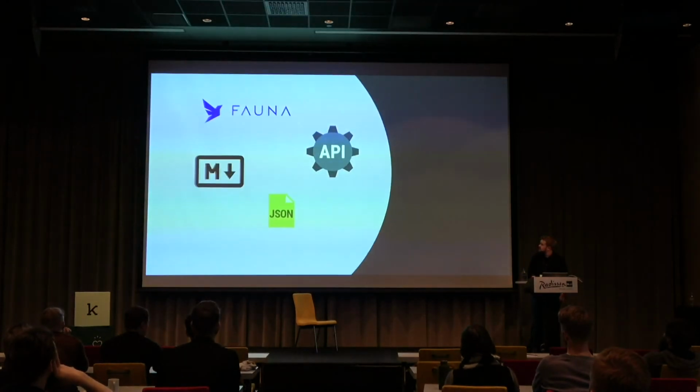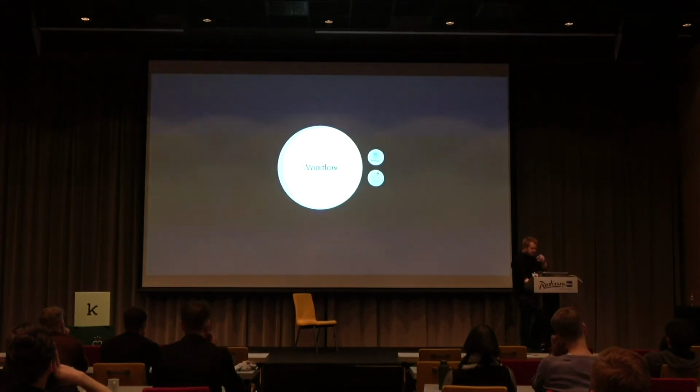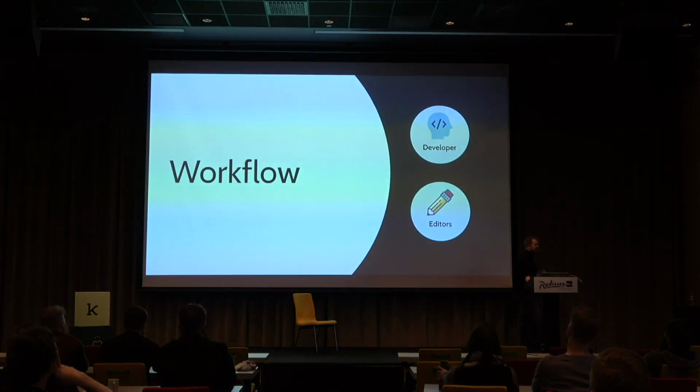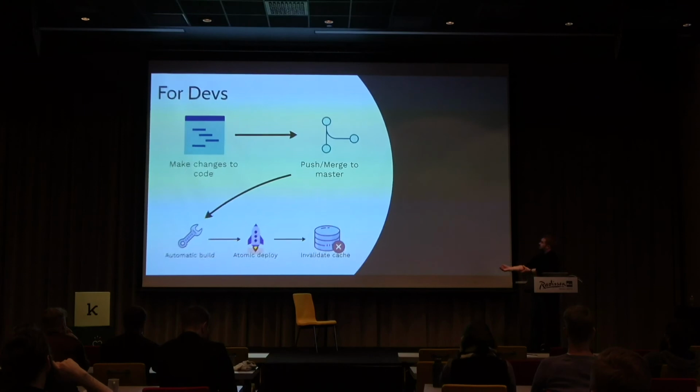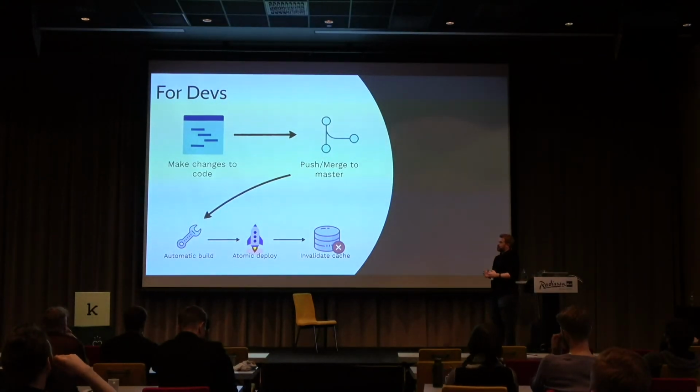So let's go one step further. Now let's take a look at how the workflow is. There's two actors in this scenario: you have the developer and you have the editors. For the developer, the workflow is really similar to what you're used to.